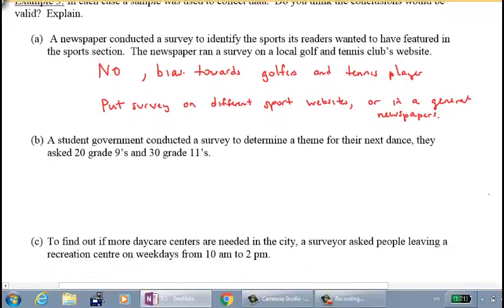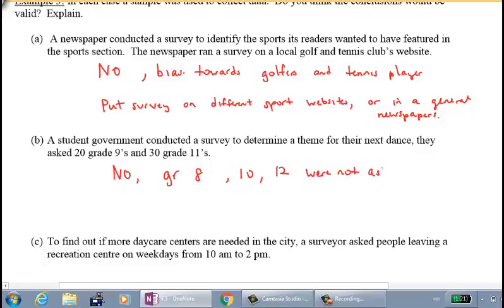Okay, how about part B? Student government conducted a survey to determine a theme for their next dance. They asked 20 grade 9s and 30 grade 11s, and that's it. Valid or invalid? Probably not so great, because guess what? You didn't ask any grade 8s, any grade 10s, or any grade 12s.